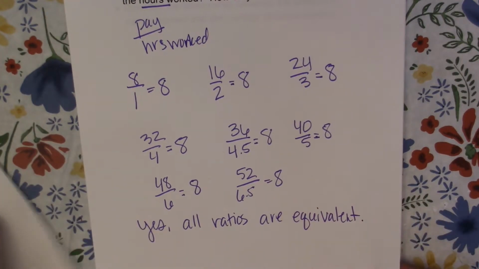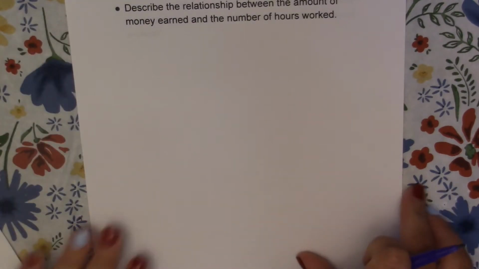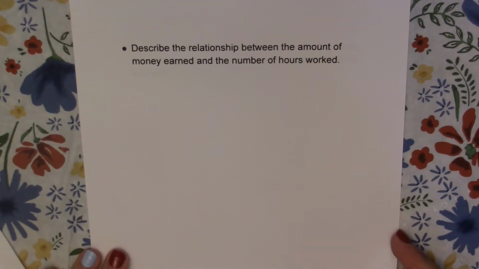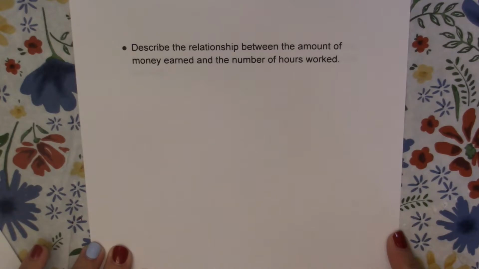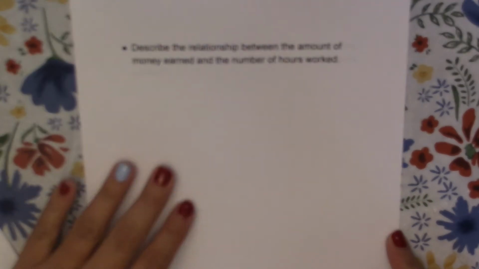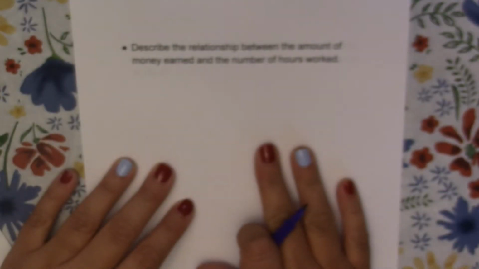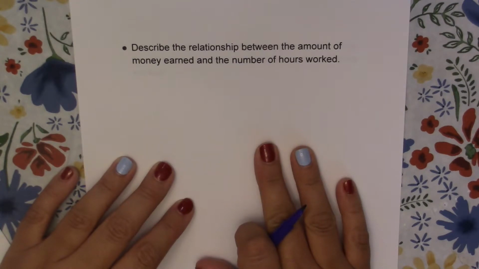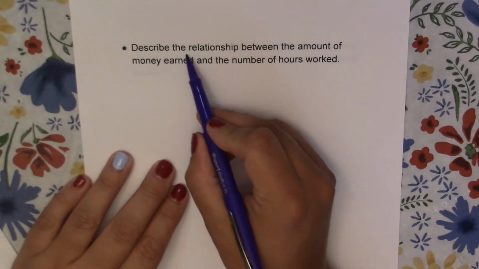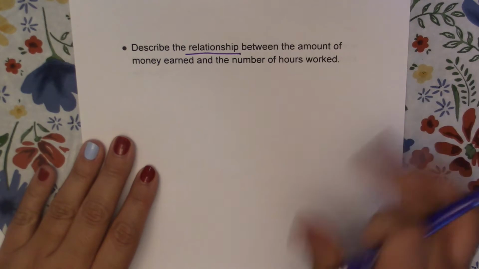All right, our next question says to describe the relationship between the amount of money earned or pay and the number of hours worked. Our type of relationship is that it is proportional.